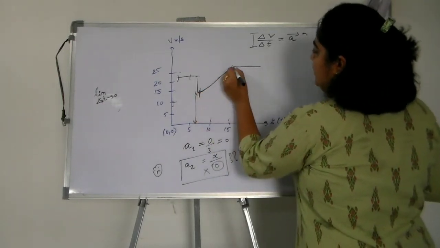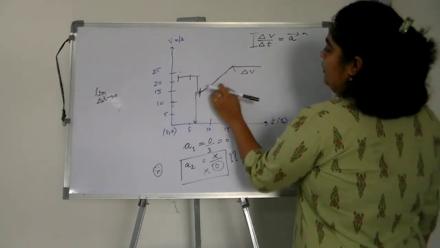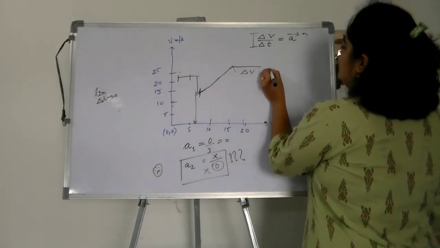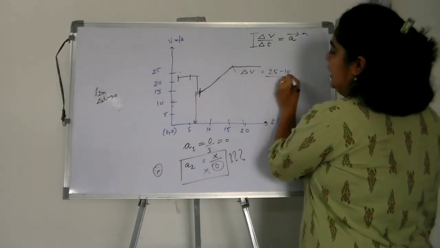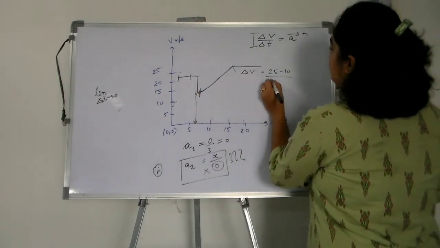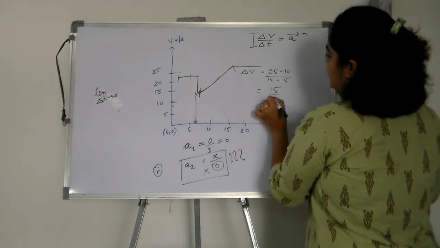In this part you have a delta V, from say 25 to 10, so it is 25 minus 10, and delta T is from 5 to 15, so it is 15 minus 5, so it is 15 by 10.